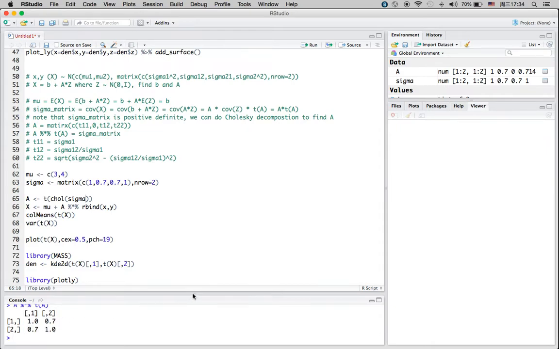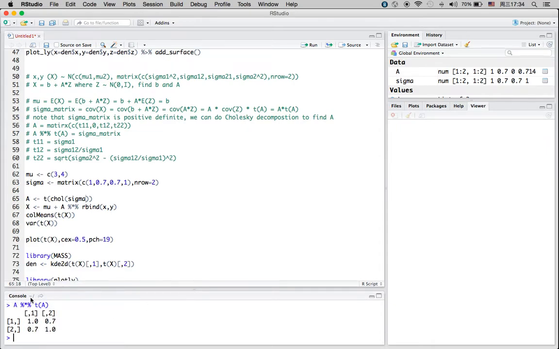You can see that by multiplying A transpose and A, we get our sigma matrix back. So that means our decomposition is correct. That is our matrix A here.